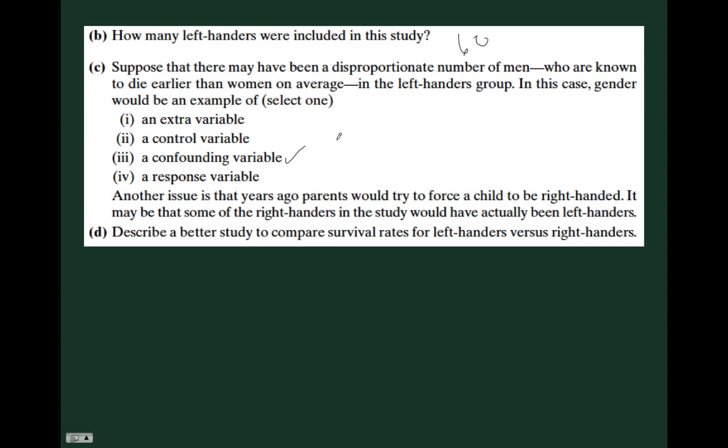One way to do that would be to select a group of parents that are willing to participate, or somehow randomly select a large group of very young children, and randomly assign them to groups, lefties and righties. One group is going to be the left-handed writers, the other group the right-handed writers, and we actually impose that as a treatment at a young age, and then follow those subjects throughout their life and see if we still end up with a difference in death rates, or in the average age when the subjects died.